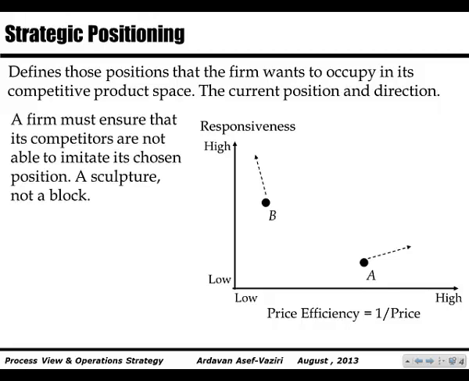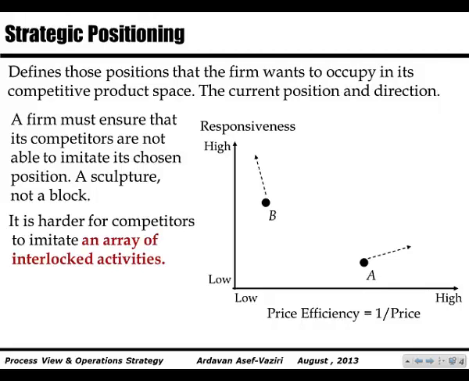A firm must ensure that its competitors are not capable of imitating its position. The strategy of a firm shouldn't look like a block, because all other firms can imitate a block. It should look like a sculpture, such that if another firm wants to imitate it, it takes a lot of time, energy, budget, and so on and so forth.